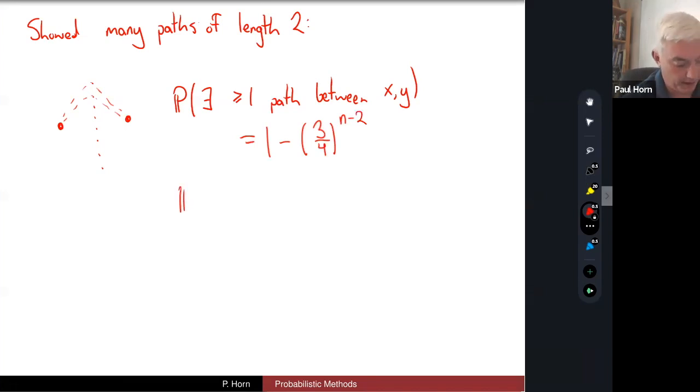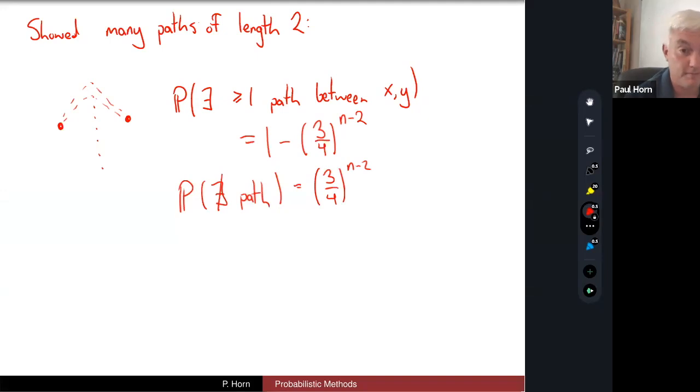So the probability that there does not exist a path is actually extremely small: (3/4)^(n-2). I mean, this is really, really tiny.